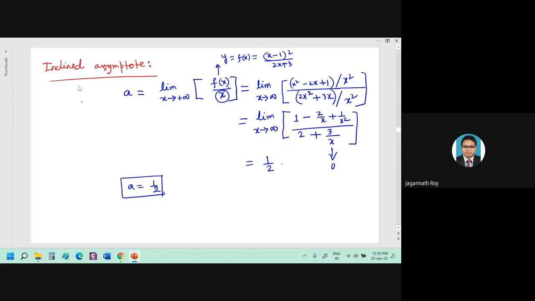Now remember that the inclined asymptote is y equals ax plus b. The asymptote will be of this form.